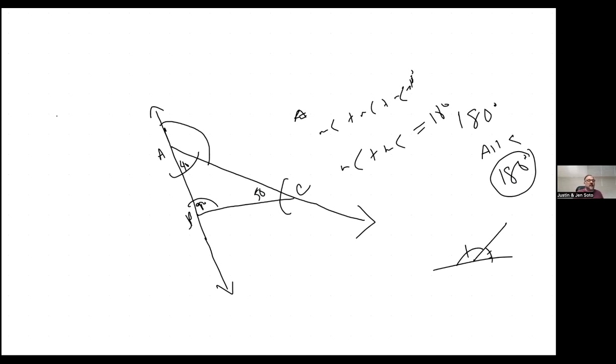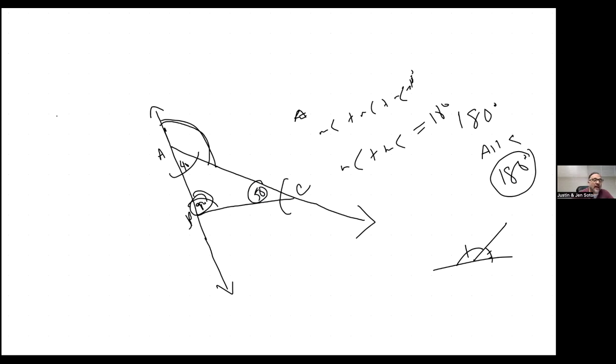So can't we then conclude that this plus this is going to equal that, right? Because we know that this plus this is 180, and this plus this is 180, so this plus this must be equal to that. So this is one of those theorems again.